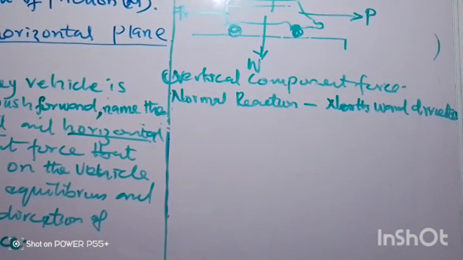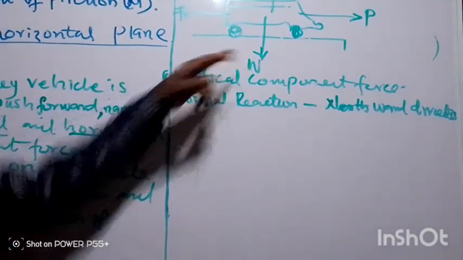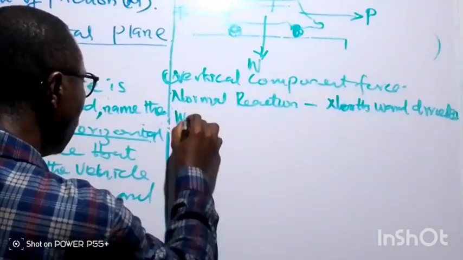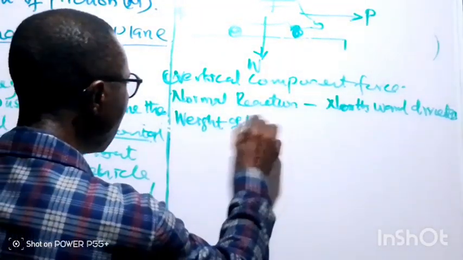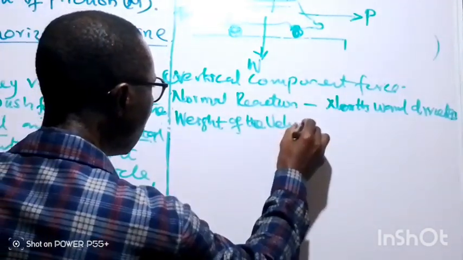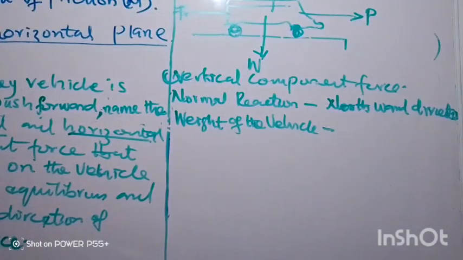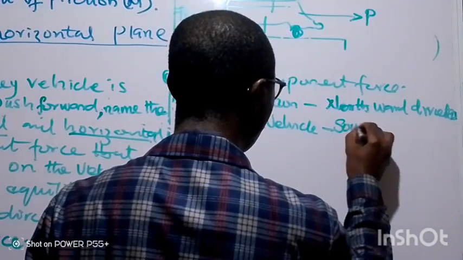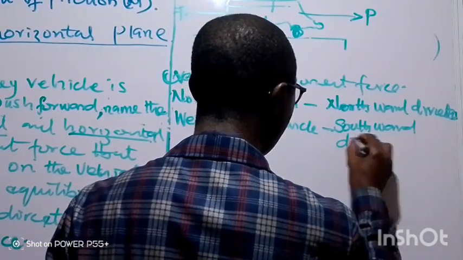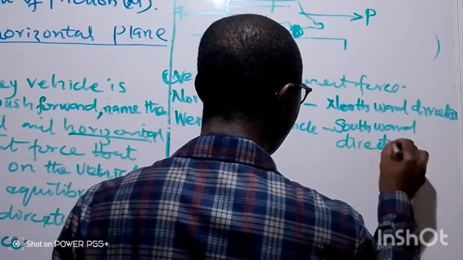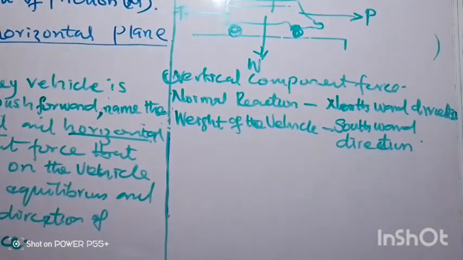The second vertical force is the weight of the vehicle, and its direction is southward. That is the two vertical component forces that act on the trolley vehicle.